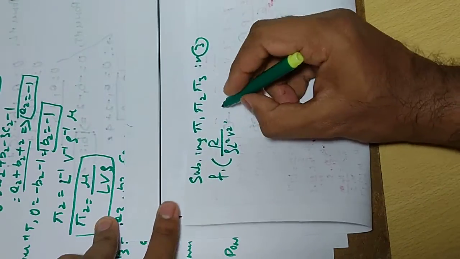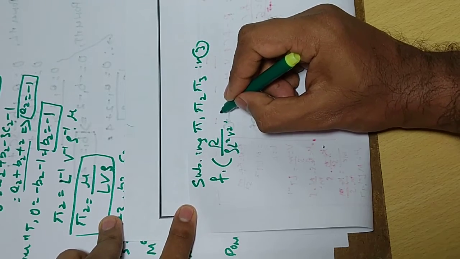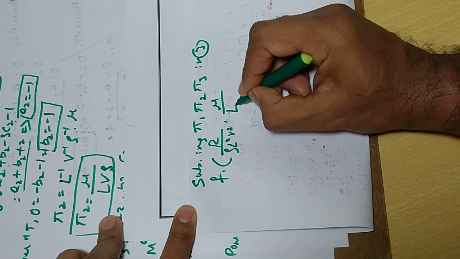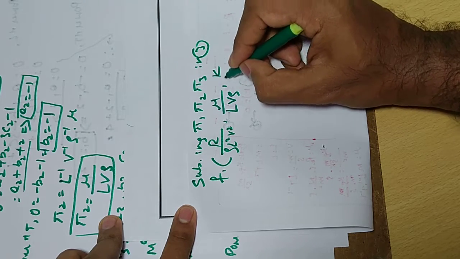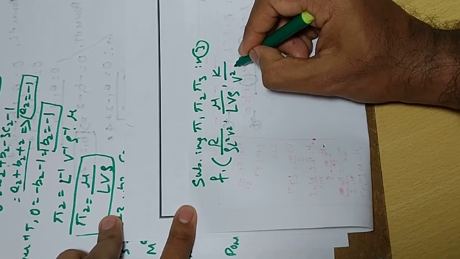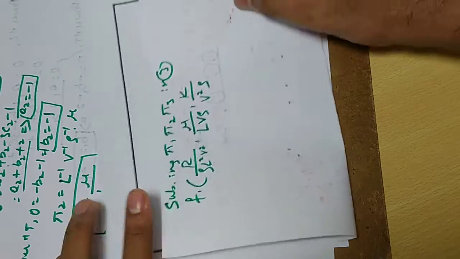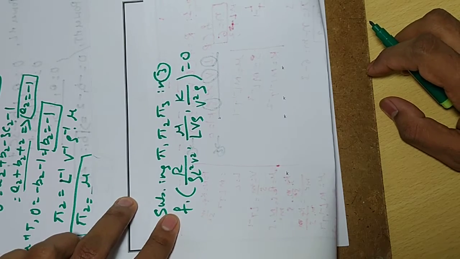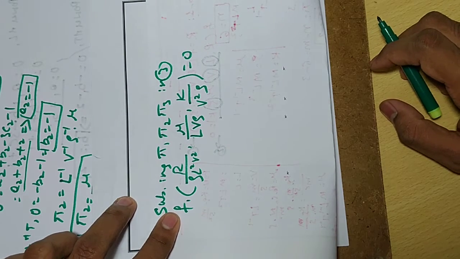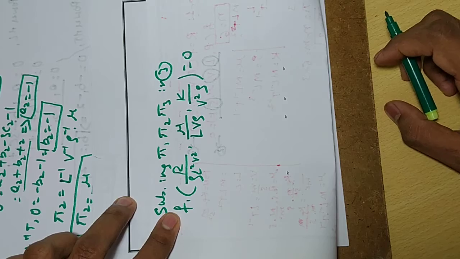Pi 2 is mu by L V rho, pi 3 is k by V square rho, is equal to 0. Up to here, if you write this one, that is enough. Or you can further simplify this one.